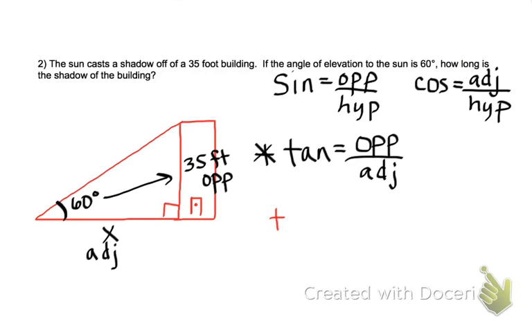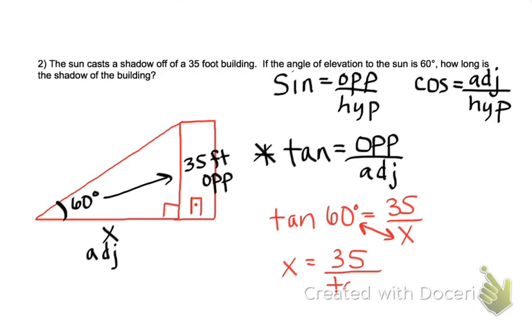So I'm going to have tangent of my angle, which is 60 degrees, equals opposite, which is 35, over my adjacent, which is x. I'm going to do a switcheroo. I'm going to flip them, and I get x equals 35 divided by tangent of 60.